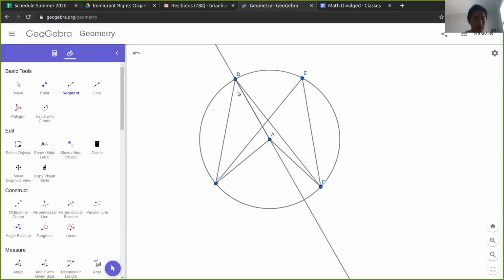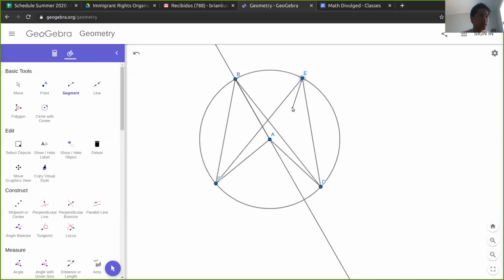Yeah, as Alina and Erjan pointed out, they are equal. So angle B equals angle E. So if a quadrilateral has this property where this angle is equal to this angle, then they're on the same circle.